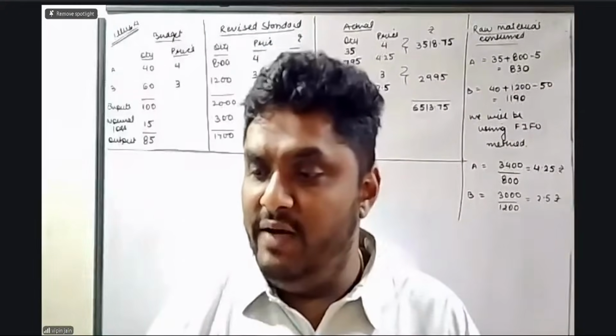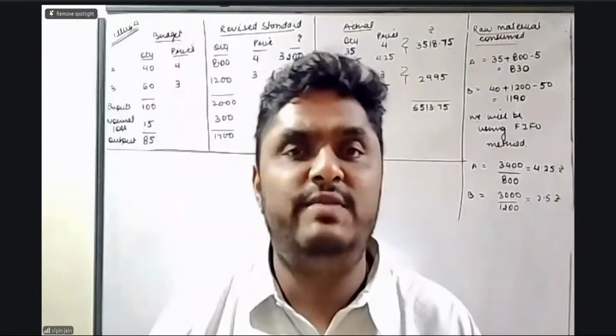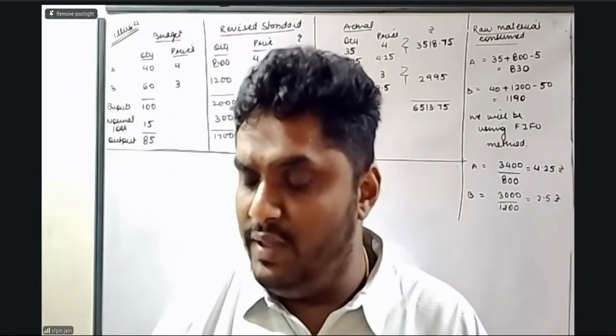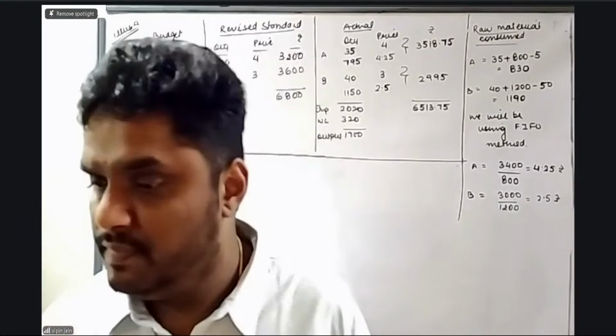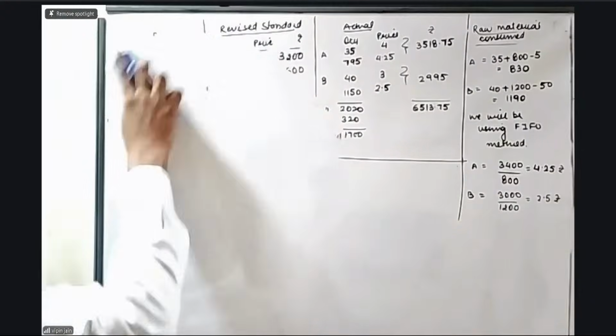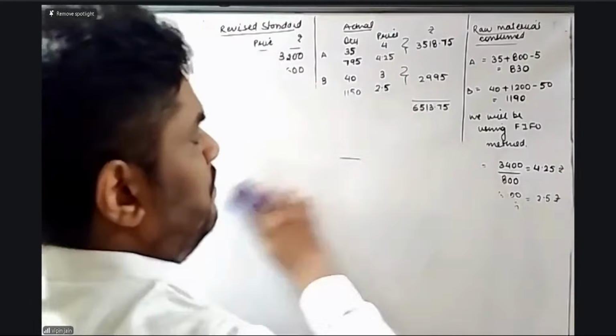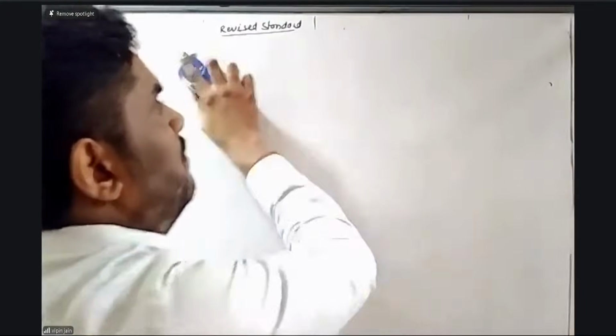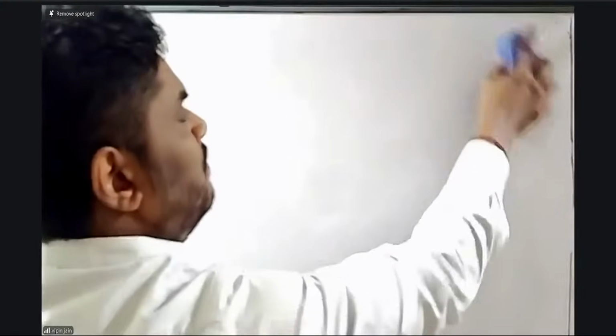So we are done with material variances. Now let's move towards the next part of the chapter wherein we'll be investigating the labor department. So let's start with labor variances.